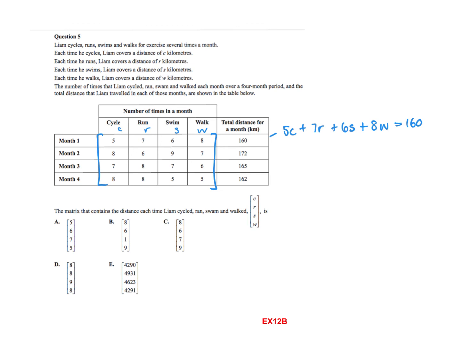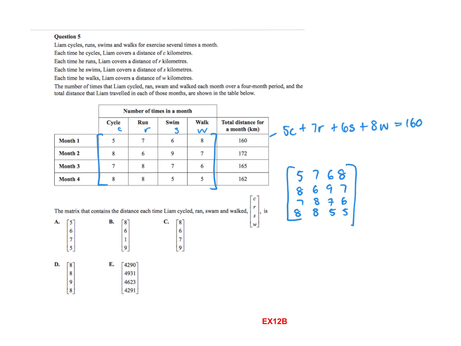It's the same pattern. So what I'm going to do is I'm going to type those numbers in as a matrix, and I would raise that to the power of -1 because it would be the inverse. Sorry, writing this out.